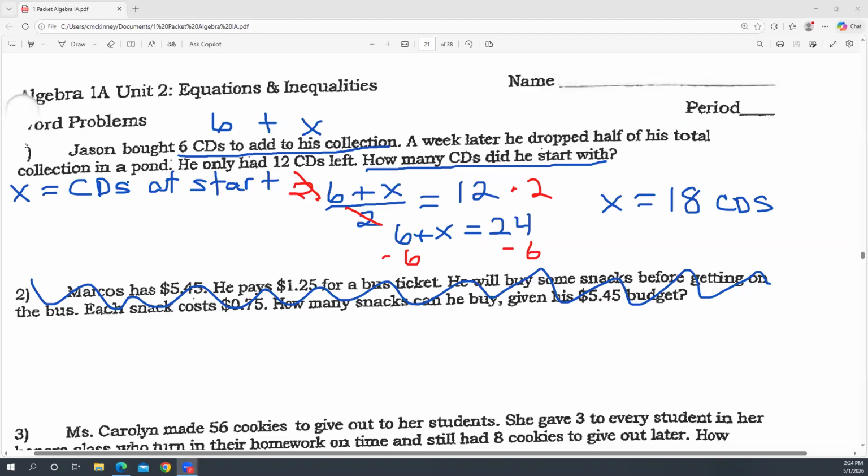So for some extra practice with language, it's a good idea to get used to putting your answer in a sentence, and I'm going to model for you how you could do that using the question that I underlined. So the question I underlined was, how many CDs did he start with?